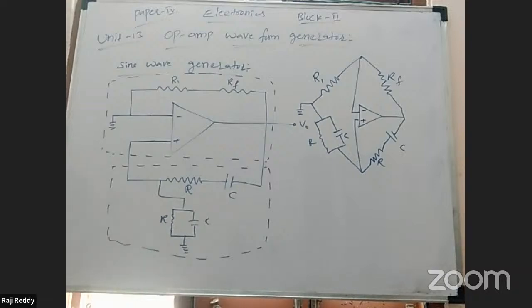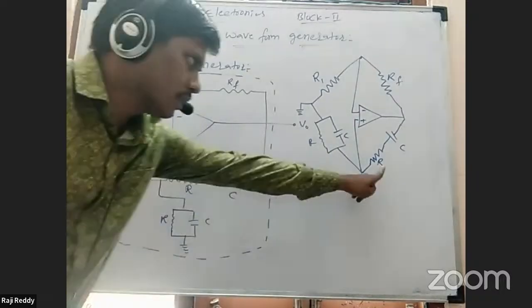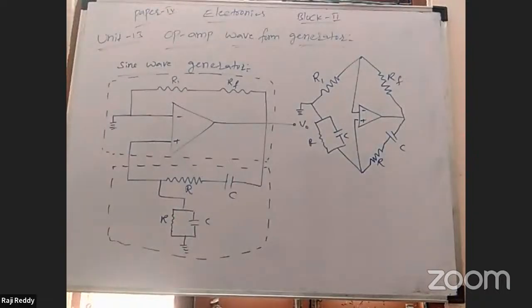The bridge has a series RC network in one arm, and in one arm a parallel resistor and capacitor. One arm is a parallel condition of resistor and capacitor. The other arm is a series combination of resistor and capacitor.